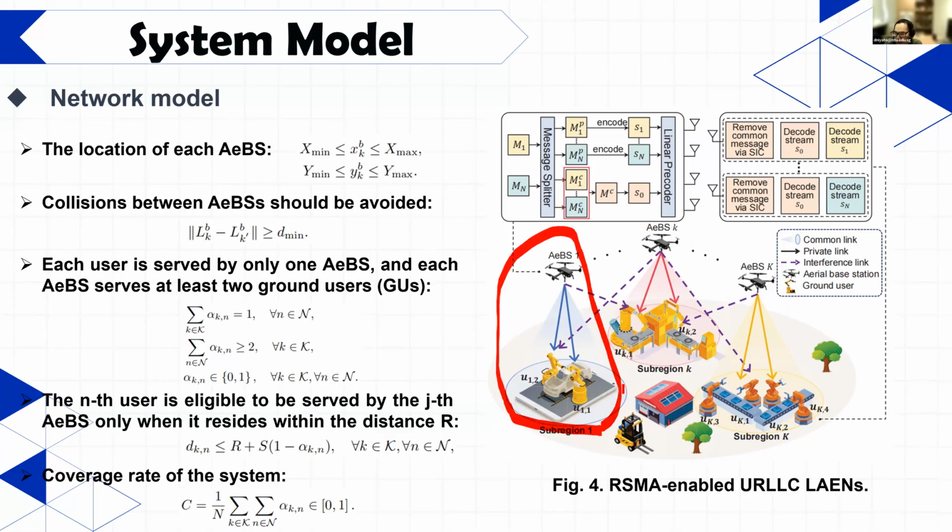Of course, there could be overlapping, where a single user can be served by multiple aerial base stations, and this needs to be done by the selection of whether the user should go with aerial base station 1 or the base station K here. So we need to optimize the coverage rate of the system, where we want to ensure that the single matching is done here.